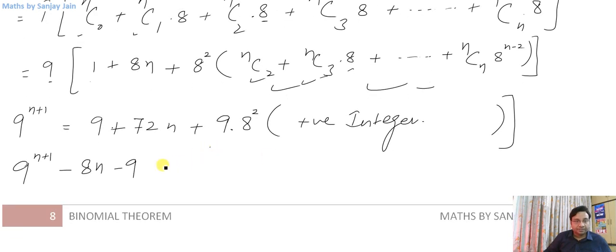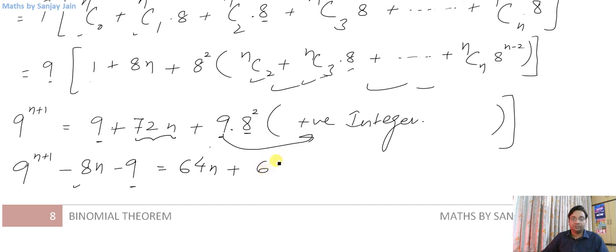What will happen on the right hand side? I have brought this 9 to the left hand side and it will become minus 9. Out of this 72n, minus 8n has come to the left hand side, so the remaining 64n will be here, plus this 9 also I can write here. So this is 64 into some positive integer, right? Some positive integer.